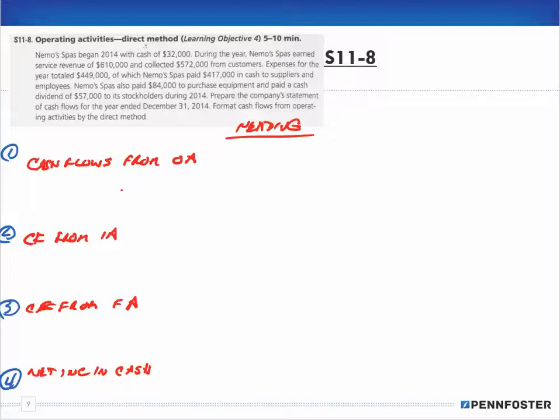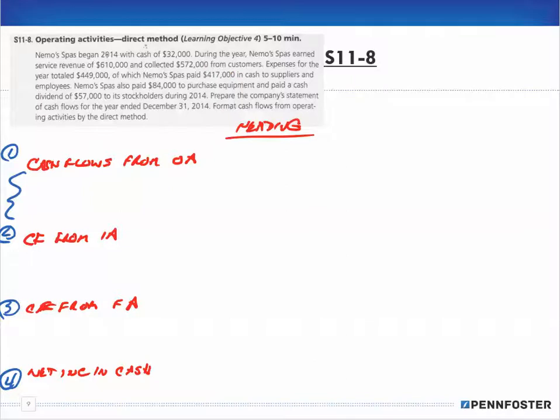Right, so now that I have the different sections set up, I'm going to look at the information to flesh out the cash flow section for my operating activities. So the first line item I'm going to have is, let's see, it says here, Nemo Spas earned service revenue of $610,000 and collected $572,000 from customers.